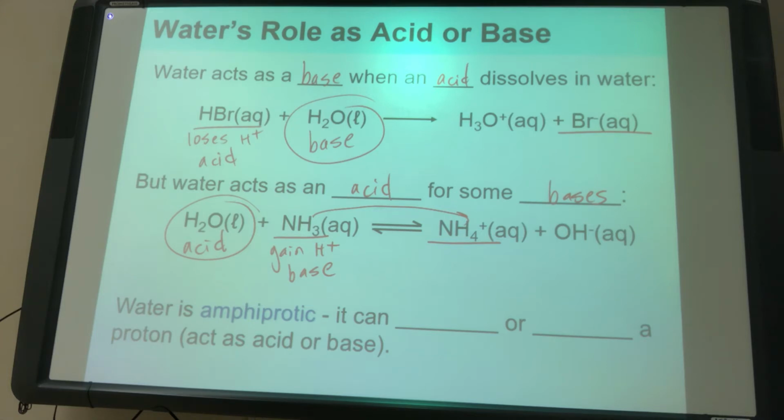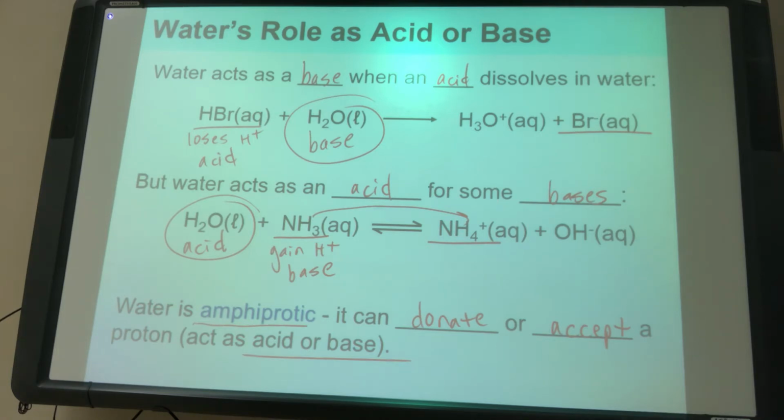I gave you those tables at the beginning saying these guys are acids, these guys are bases. I didn't say they could swap. Water is special. Water is what we call amphiprotic, meaning it can donate or accept a proton, meaning it can act as an acid or a base. It can act as whatever is needed based on who it's partnered with.